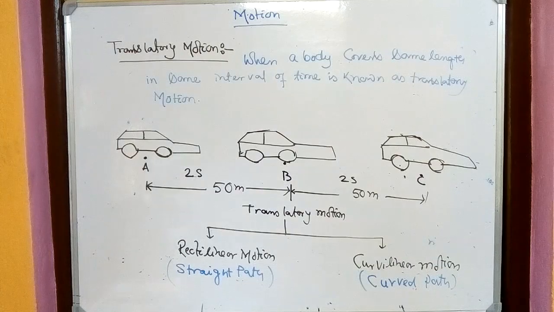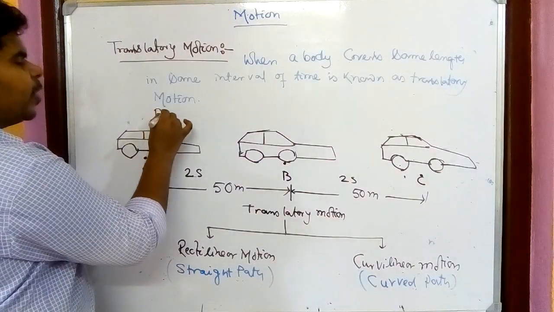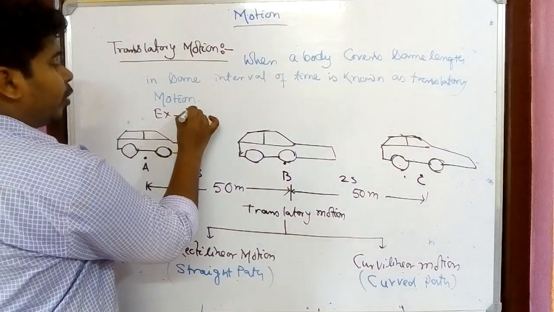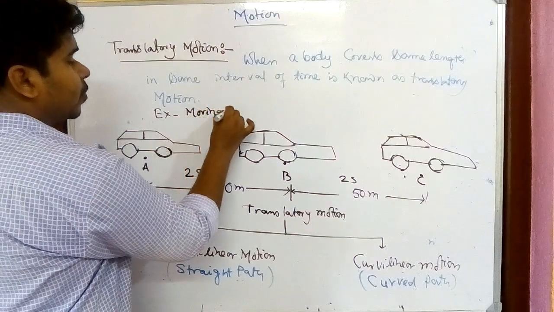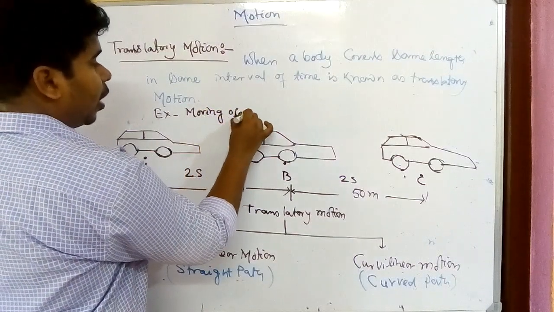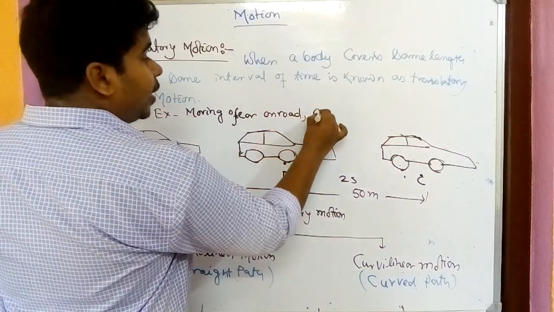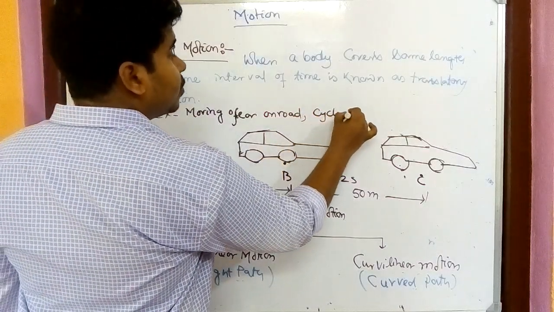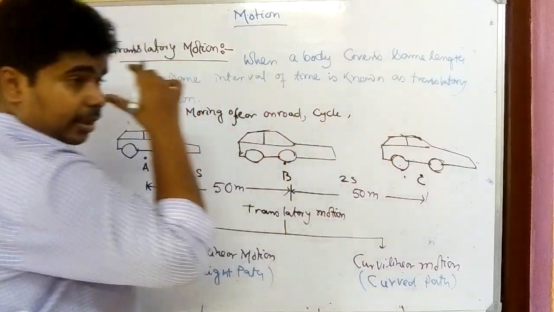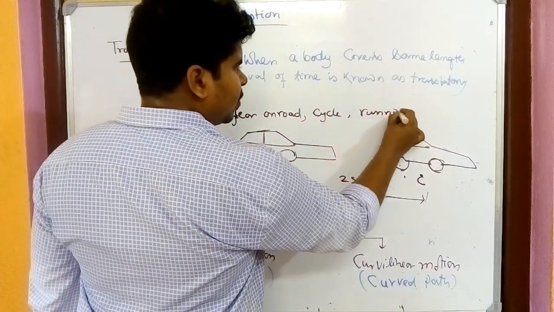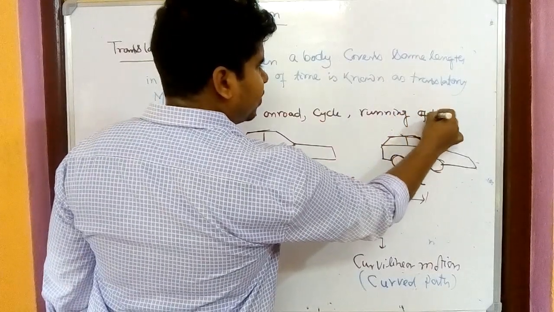Okay, so if I am talking about examples of translatory motion, various examples are there. Moving of car on road, cycle, motorcycle, running of a boy.